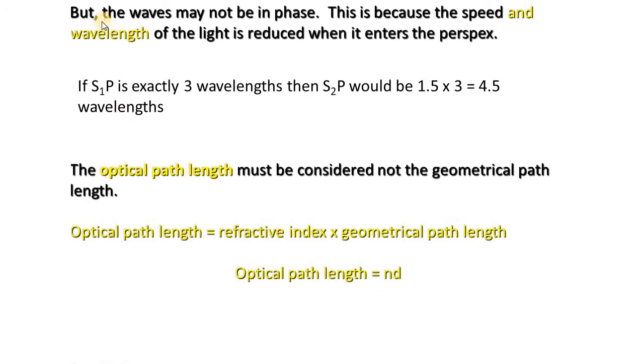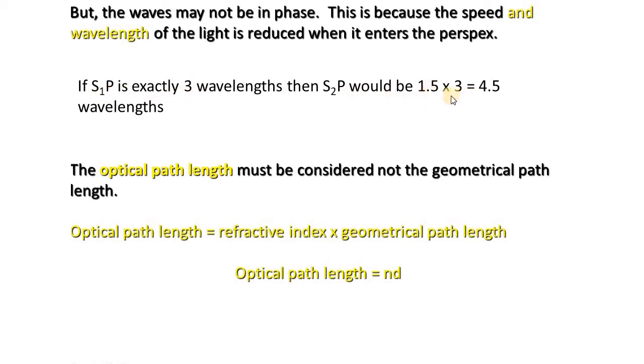But the waves may not be in phase. This is because the speed of the light and the wavelength of the light get reduced when it enters a medium other than air, a medium having a refractive index greater than air, which reduces the velocity of light in perspex. So if S1P is exactly 3 wavelengths, 3 lambda, what will S2P be?